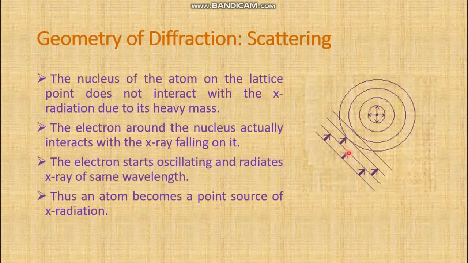So the phase of these two points is the same. This point and this point, the phase is the same. This point and this point, the phase is the same. Now if wavefronts of the same phase interact with each other, then constructive interference takes place. Otherwise, destructive interference would occur.